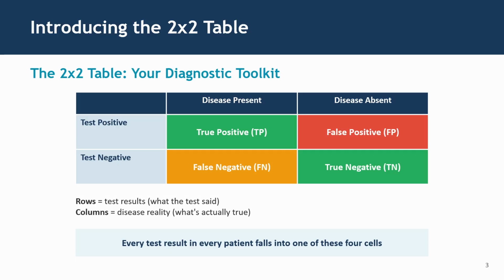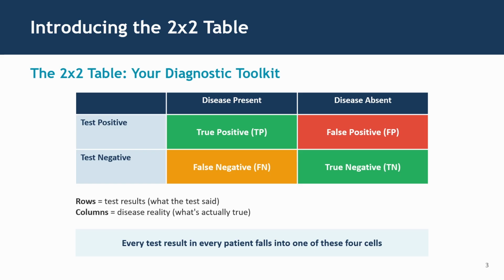Notice that what the test says and what's actually true are two different things. That gap between them is where all the interesting and clinically important stuff happens. The four cells are true positive, the test said positive, and the disease is actually there.